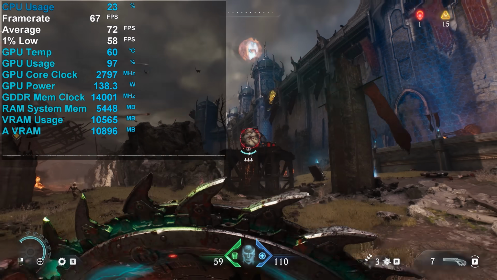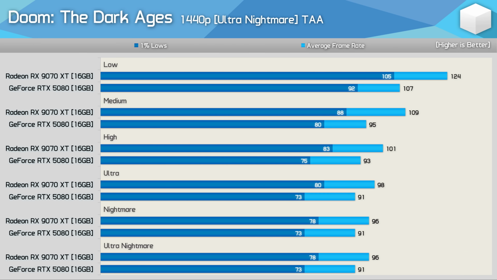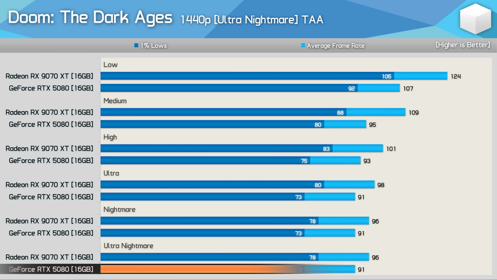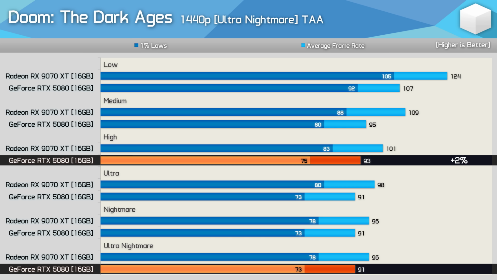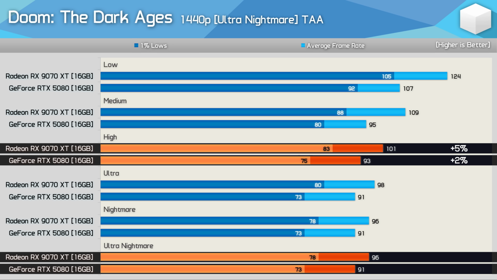In fact, if we look at the RTX 5080 and 9070 XT, we see that the GeForce GPU saw just a 2% performance increase when going from the Ultra Nightmare to High preset, while the 9070 XT saw a small 5% uplift.